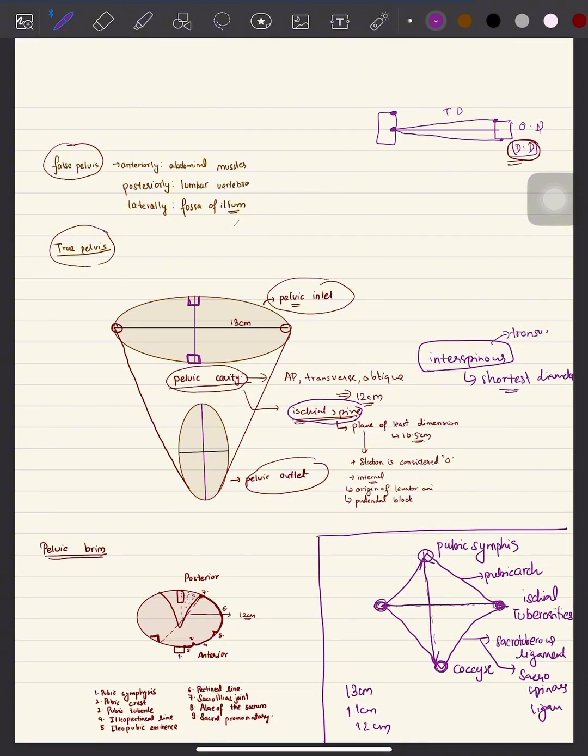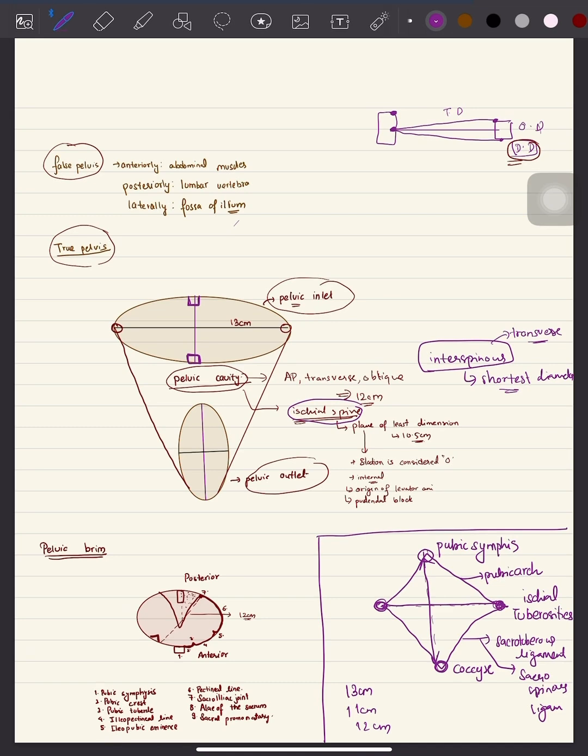and this is the transverse diameter. We would enter our fingers through the vagina, and feel for the ischial spine, using the index finger and the middle finger.